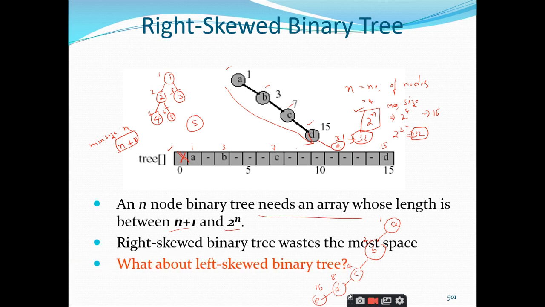Just now we discussed that the left skewed binary tree is not going to waste that much space compared to the right skewed binary tree. If it is clear, we will move to the other representation.